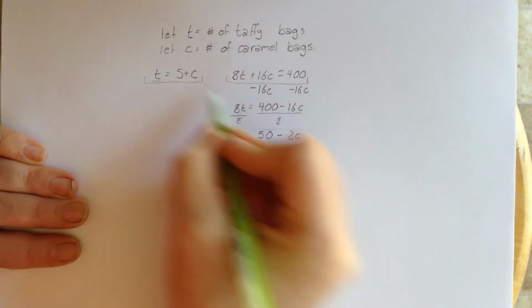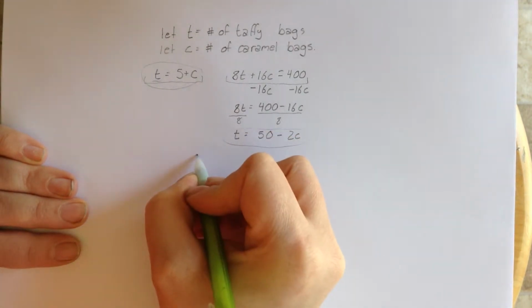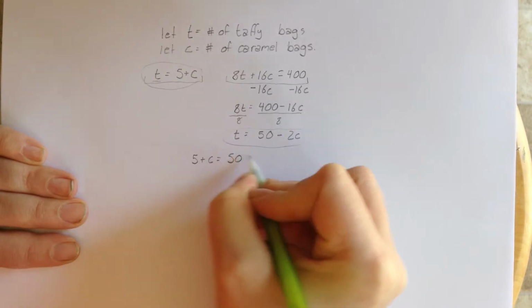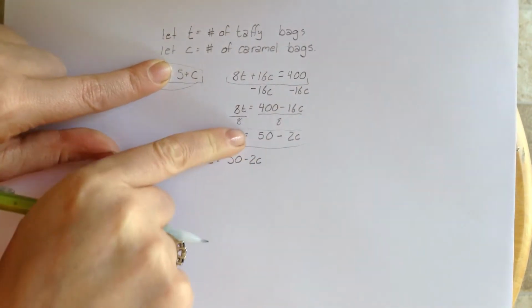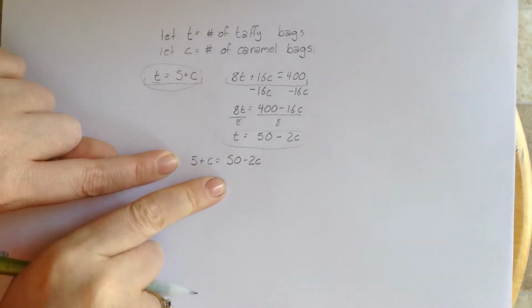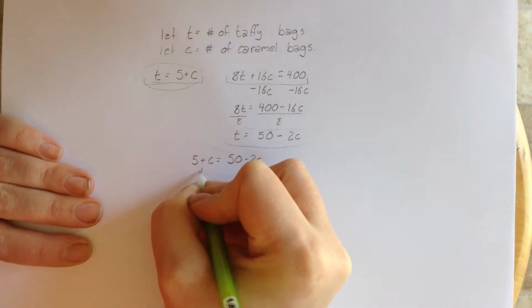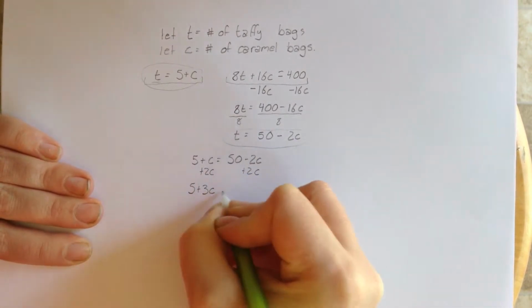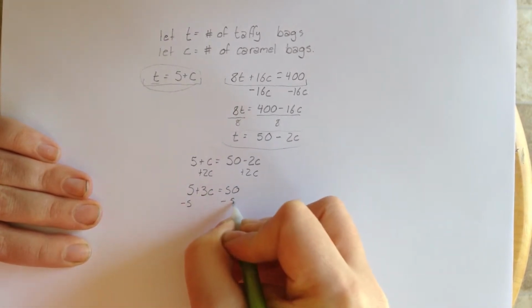Now I have two equations, both in y equals mx plus b form, and I can solve for 5 plus c equals 50 minus 2c. Just setting that part of that equation and that part of that equation equal to each other. Then I can solve for c. I'll add 2c to both sides. Then I'll subtract 5 from both sides.